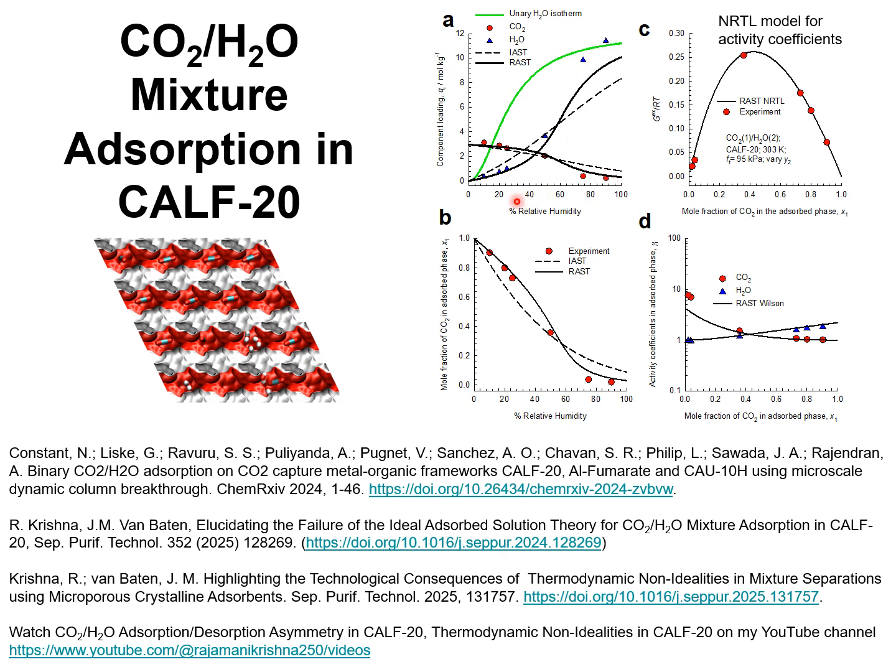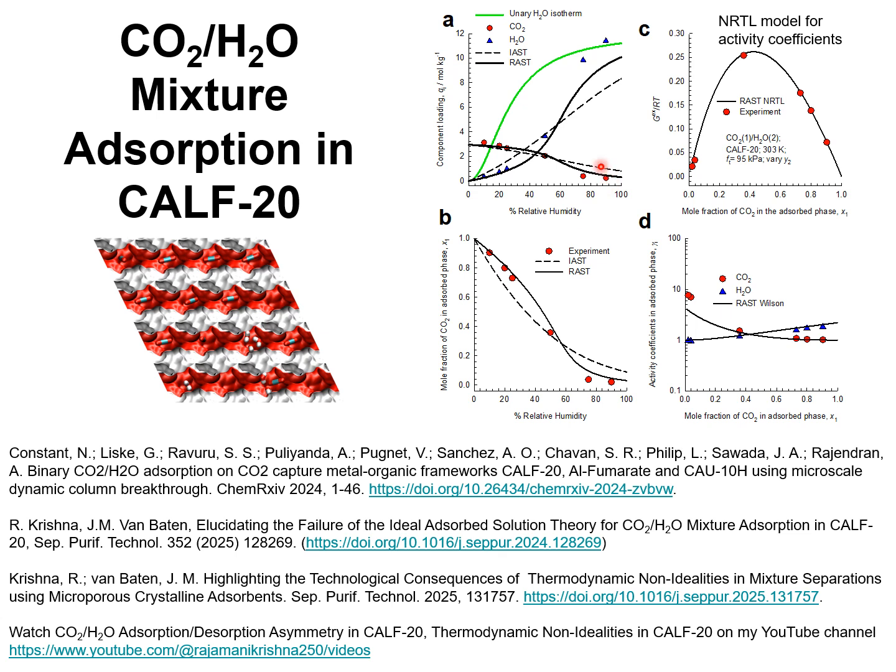These experimental data are determined from breakthrough experiments. There are significant deviations of the experimental data for CO2 and water loadings from the IAST estimates that are indicated by the dashed lines.